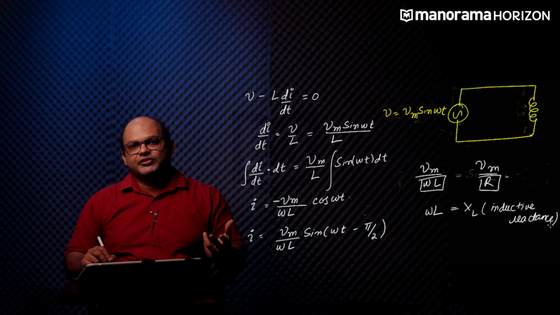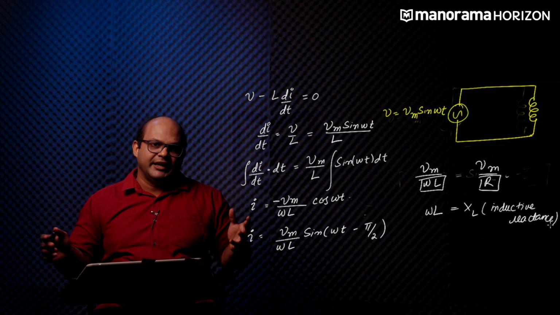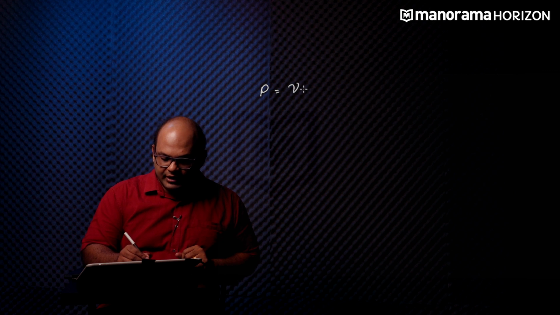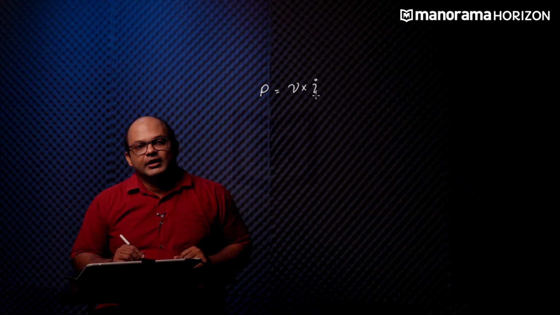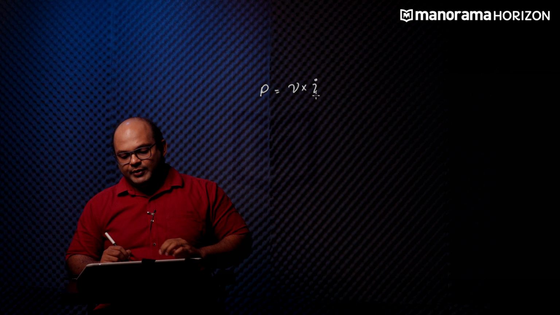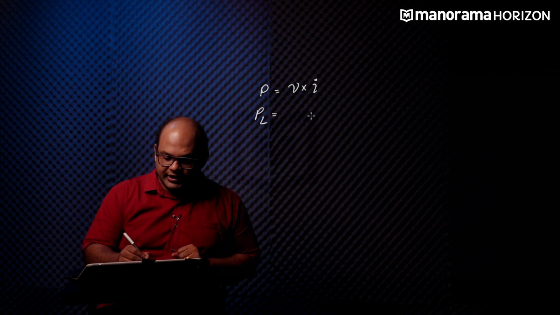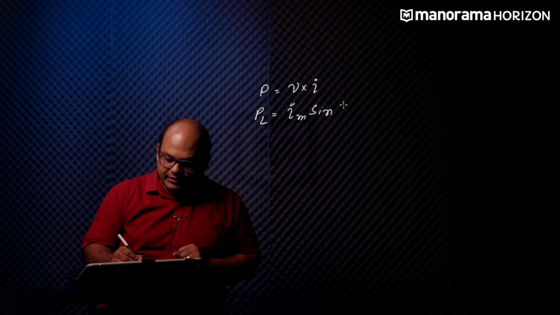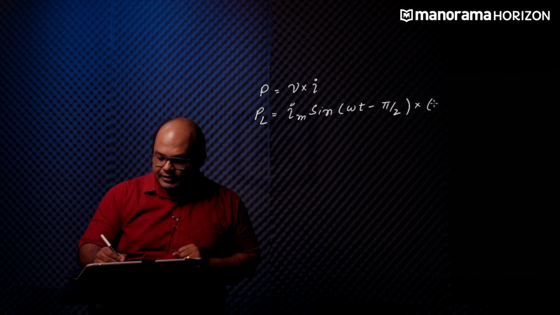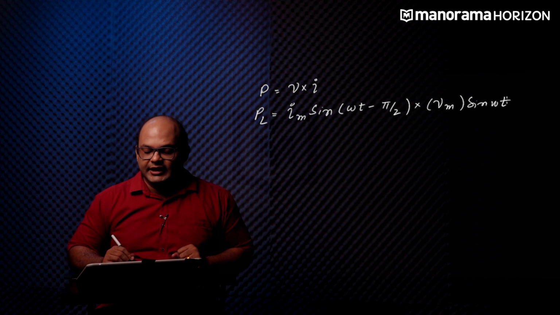How much power does this circuit absorb from the source over any given cycle? Let's see. For any closed cycle, we know that power is equal to V multiplied by I. If we adapt this basic equation to this particular case, the power dissipated instantaneously across the inductor can be written as Im sine(omega t minus pi by 2) multiplied by Vm sine omega t.